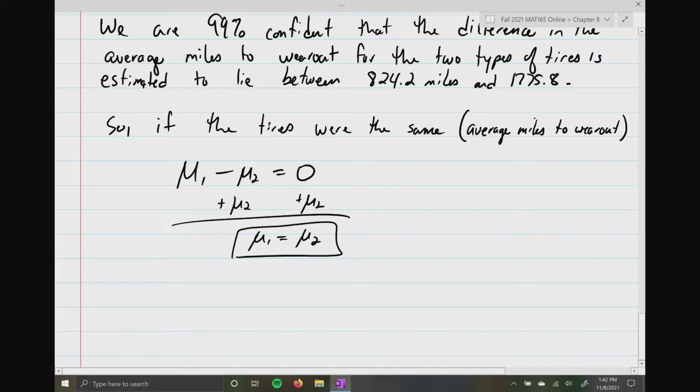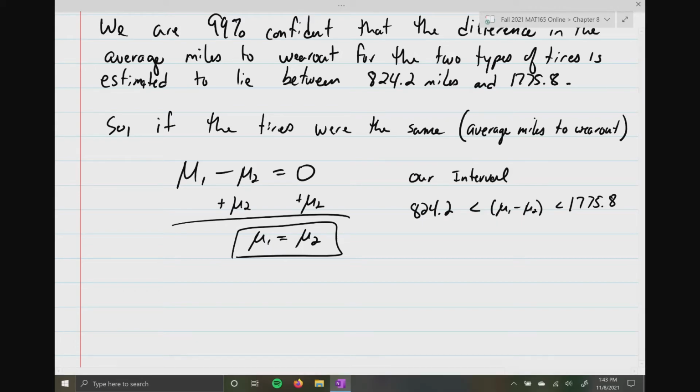Okay? Now, if we look at our interval that we've created, so our interval is 824.2 all the way up to 1,775.8, okay?